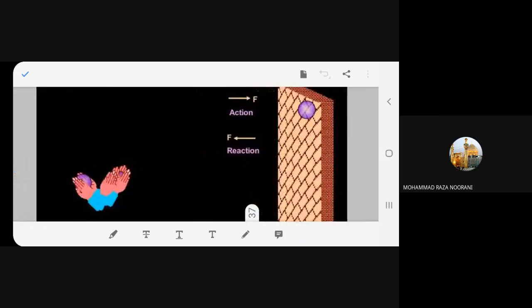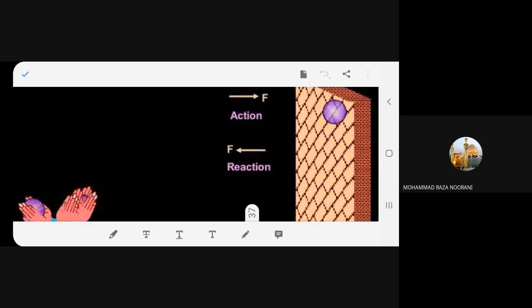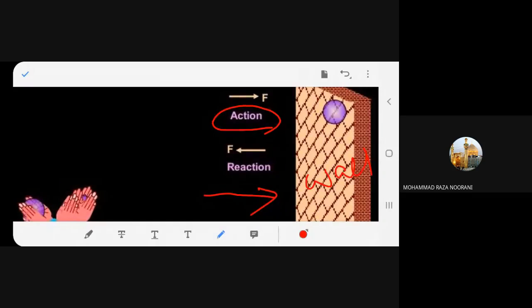Now you take a ball. And this is a wall. What is this? Wall. Right? You hit it on the wall. What happens? It comes back, it bounces back. Am I right? Yes. So hitting the ball onto the wall is action. Agree?